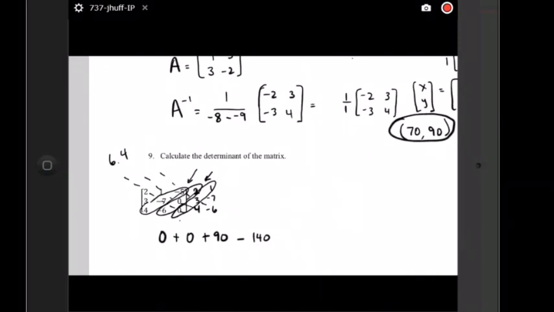This one here is 0, so we minus 0. This one here is 0, so we minus 0. Important thing to remember is when you're going in this direction, those ones you add. This direction here, those ones you subtract, which is something to remember. So we have 90 minus 140, which is -50.